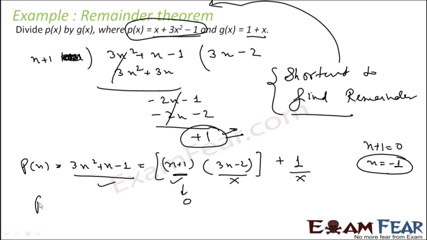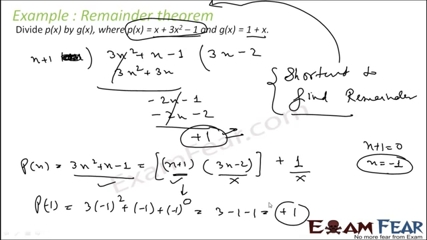So if I put minus 1, if I get p of minus 1 here, let's see what I get. 3 into minus 1 square plus x is minus 1 plus minus 1. Solve this, you get 3 minus 1 minus 1, that is plus 1. And that is the remainder. So this is the remainder when this px is divided by x plus 1.